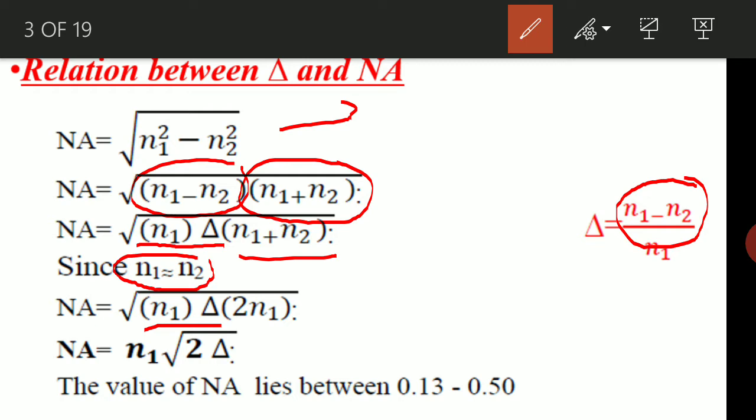And the value of the numerical aperture lies between 0.13 to 0.50. This value varies from single mode to multi-mode, which we are dealing with in the next session.